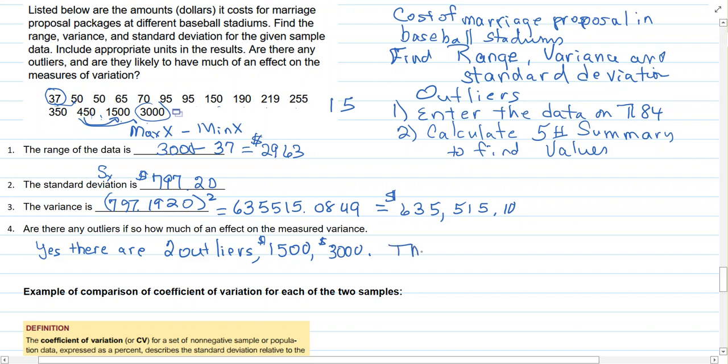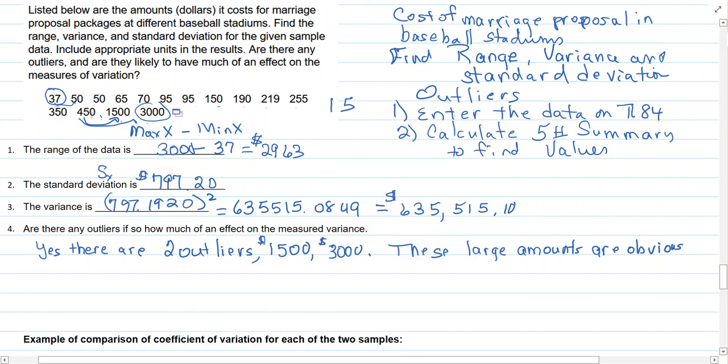These largest amounts are obvious because they stand out and affect the data.